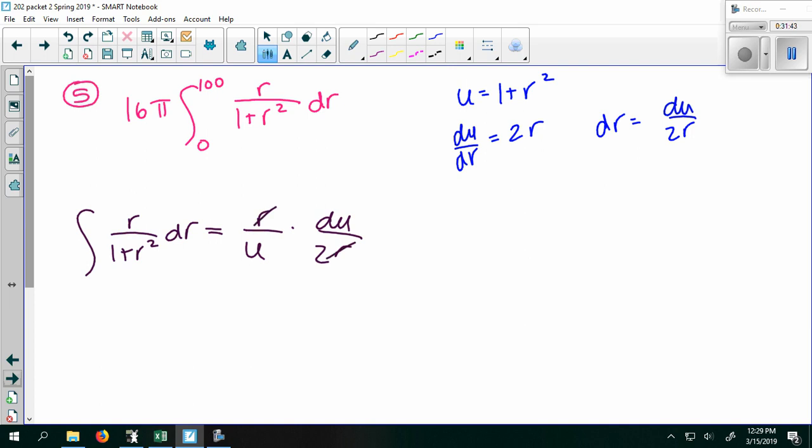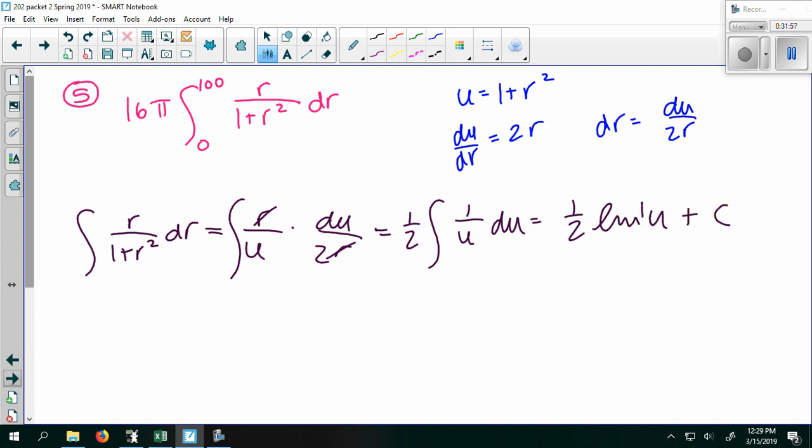The r's cancel, and this becomes 1/2 the integral of 1 over u du, which is 1/2 ln of u plus c. Okay, so now I can go back to my definite integral. First, I got to plug in my u. This is 1/2 the ln of u was 1 plus r squared plus c.